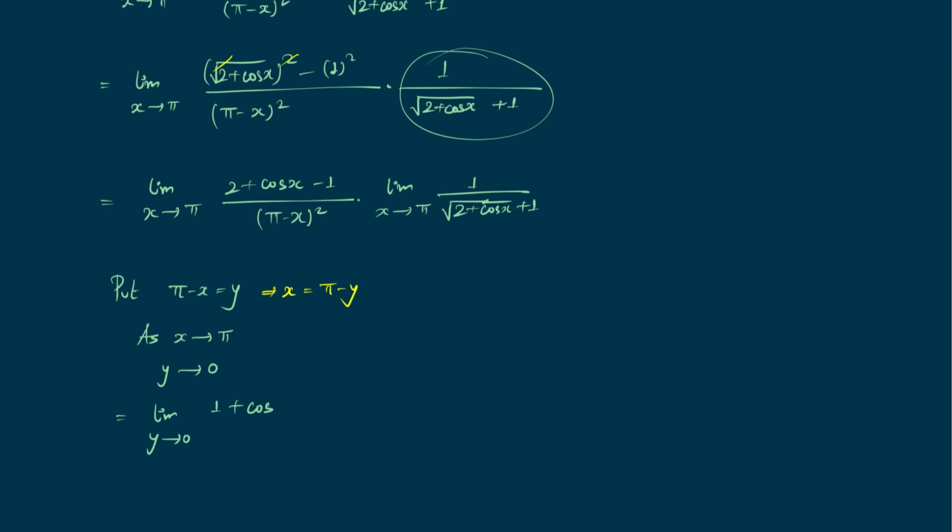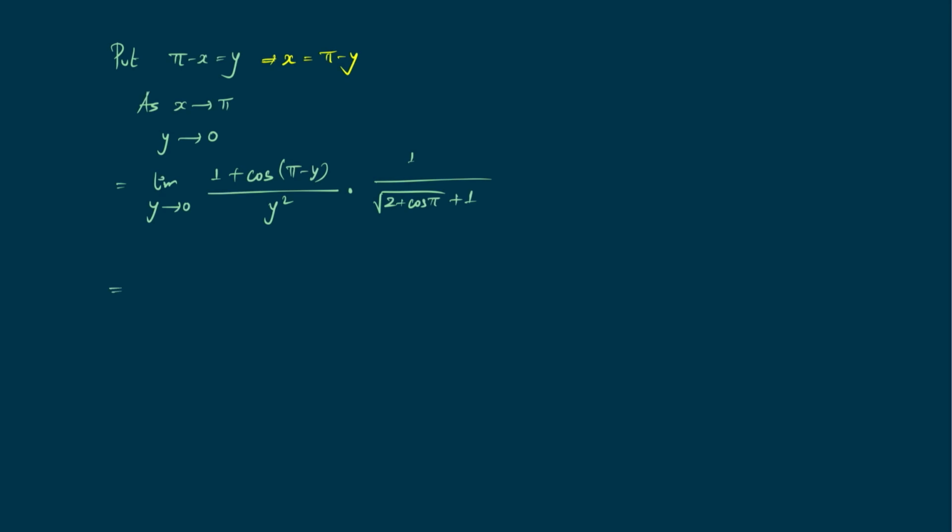So let me write cos(π − y) here, divided by y², since the denominator is y only. Now let us directly put the value of x as π in this portion: it will be 1/(√(2 + cos π) + 1).